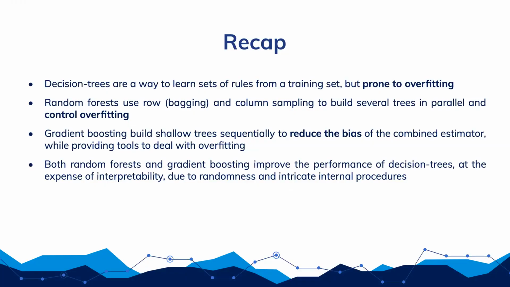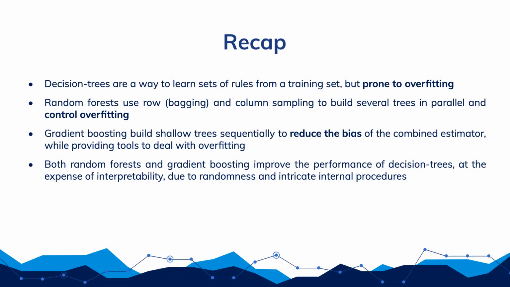So I want to recap because we don't have a lot of time. Decision trees are a way to learn sets of rules from training data without using domain experts. Unfortunately, they are really, really prone to overfitting. They always overfit.